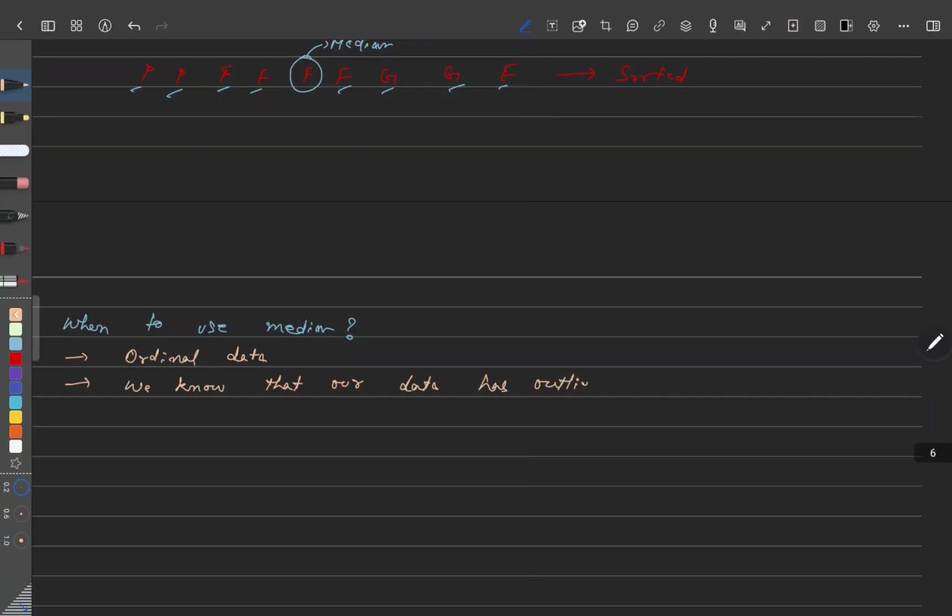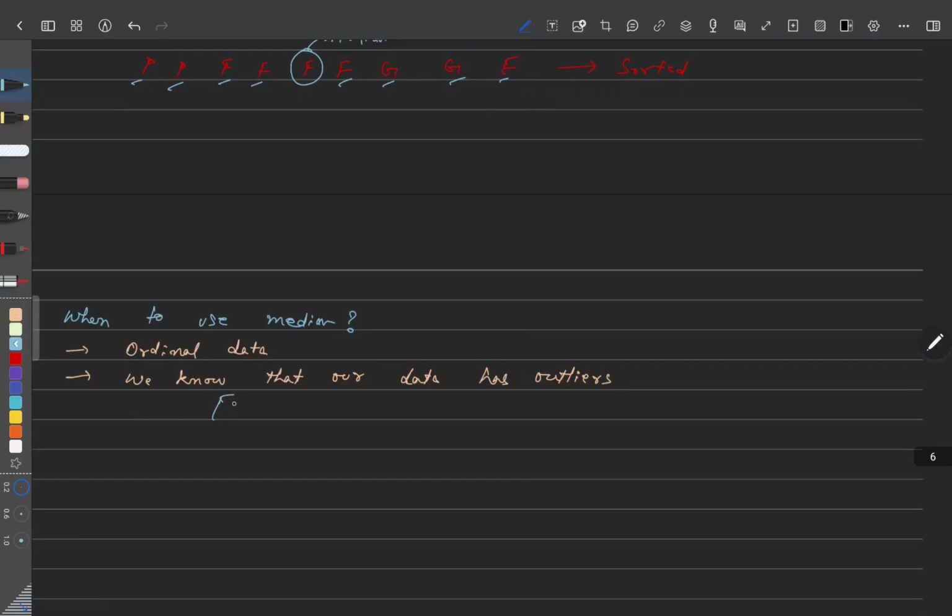In case our data has outliers and we know it, we should use median. And another thing that I should mention is, if outliers can be discarded.